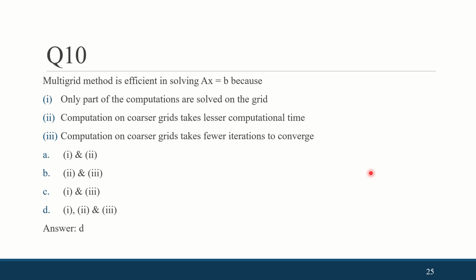Computation on a coarser grid takes less computation time. Computation on a coarser grid takes fewer iterations to converge.